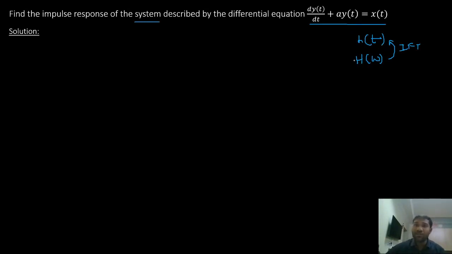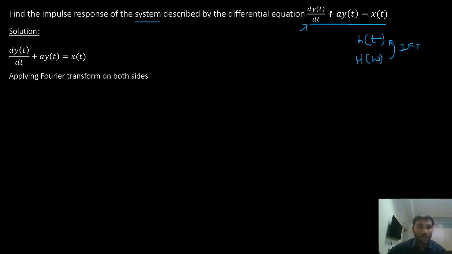Now to find h of omega, what should I do? I should apply Fourier transform on both sides of the given differential equation. So first I'll take the differential equation and apply Fourier transform on both sides. Now what is the time differentiation property of the Fourier transform?